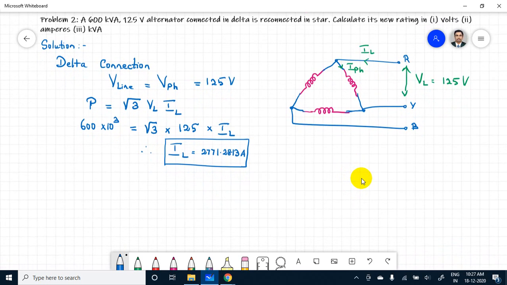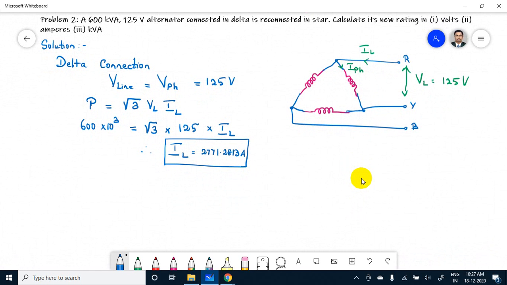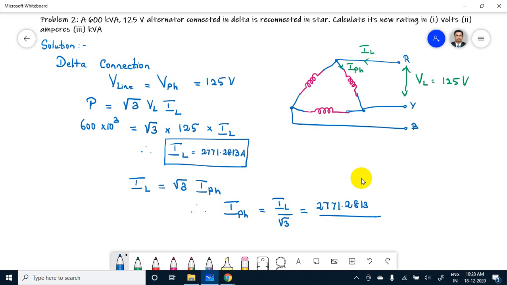In delta connection, the line current equal to root 3 into phase current. Therefore phase current I phase is equal to IL by root 3, which is equal to 2771.2813 divided by root 3.